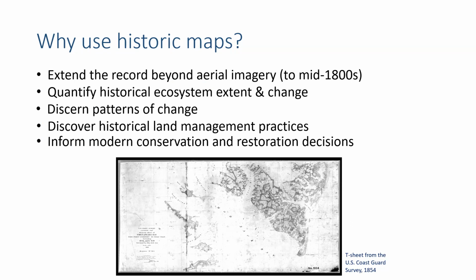And importantly, we can take the findings and use them to inform modern conservation and restoration decisions. So today I'm going to be providing examples on these three specific uses that we're going to walk through in more detail.